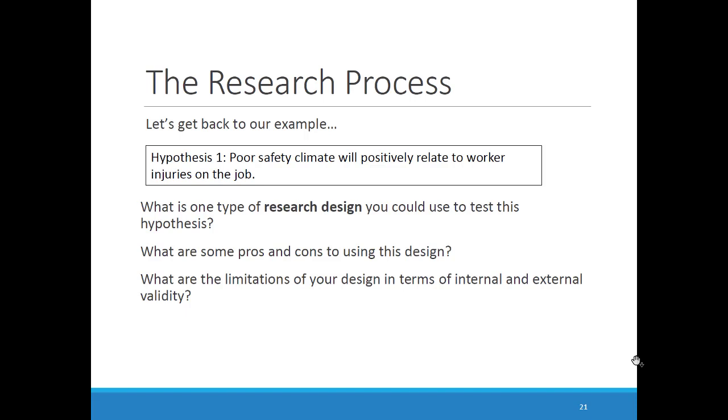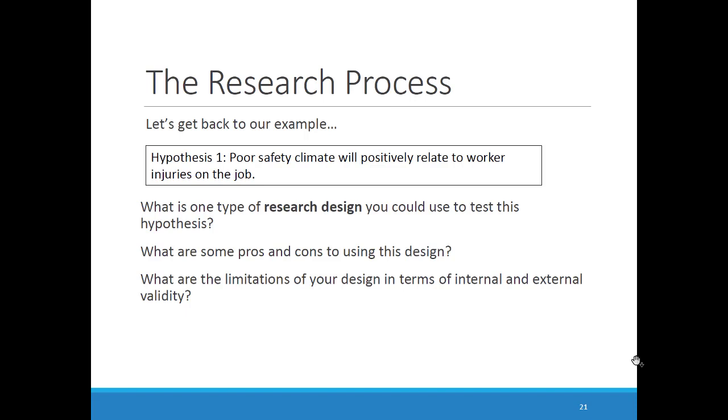What type of non-experimental design could you use? So the best type that I would recommend for this particular question would be a correlational design. So I would survey workers on their perceptions of the safety climate within their organization, and I would also look at organizational records of worker injuries on the job, and I could correlate those two.